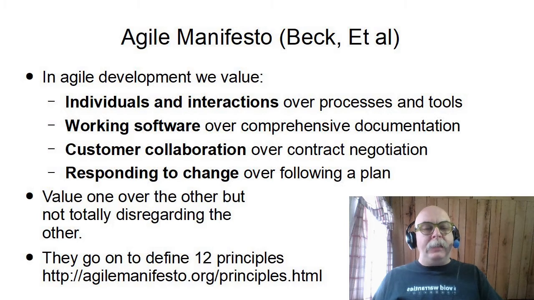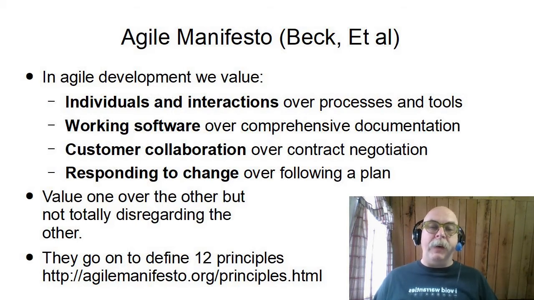In the early days of agile methodologies, as we were just defining them and trying to figure them out, a group of software developers came together and developed something they called the Agile Manifesto. The Agile Manifesto talks about what we value over what we don't value.